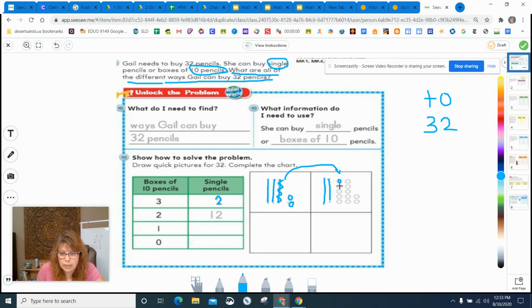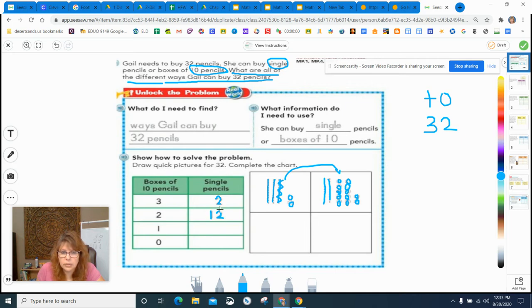So we go 1, 2, 3, 4, 5, 6, 7, 8, 9, 10, and then the 2 singles. That's another way to show 32. So now I see 2 tens, and this is the group of 10 that I moved. So that's 10, and then 11, 12. So I have 12 ones, so I'm going to put 12 ones.